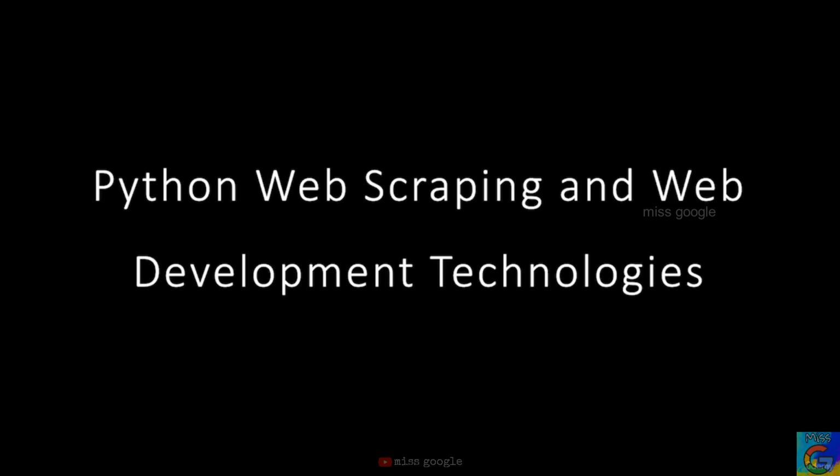So in this section, we'll be discussing the important role that web development technologies such as HTTP, HTML, XML, JavaScript, JSON, and CSS play in web scraping. Instead of the manual process of copy pasting, web scraping allows you to extract data in a scalable and automated way.